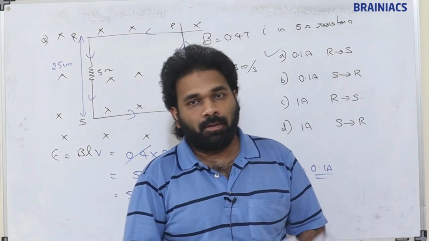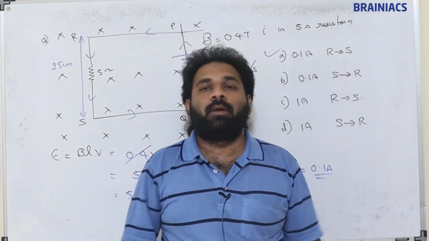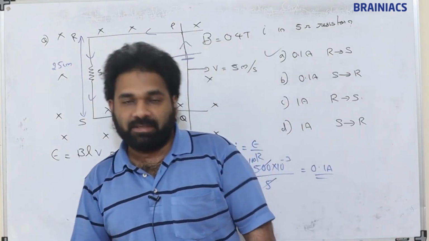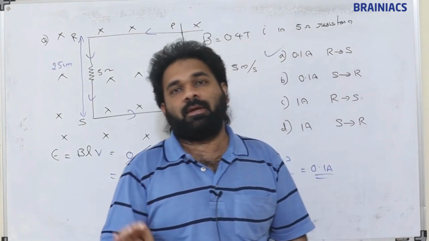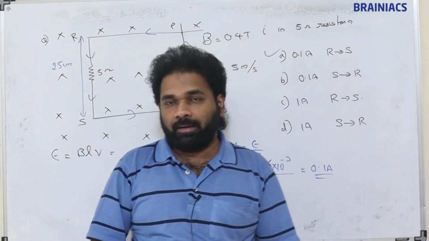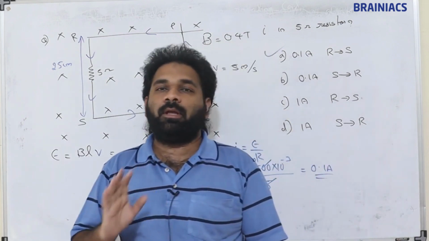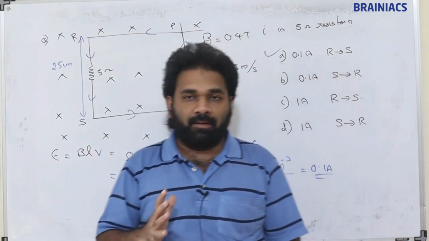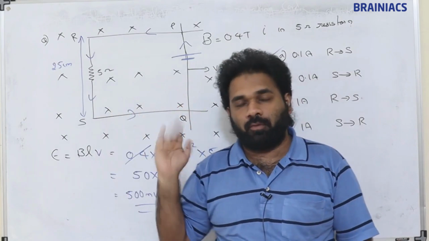Children, comfortable? So I summarize. Motional EMF is BLV. One condition is there: the direction of the magnetic field, the length and the motion of the conductor must all be mutually perpendicular. Then only the BLV answer will be valid, or otherwise the answer is going to be 0. Why it is so we will see now.